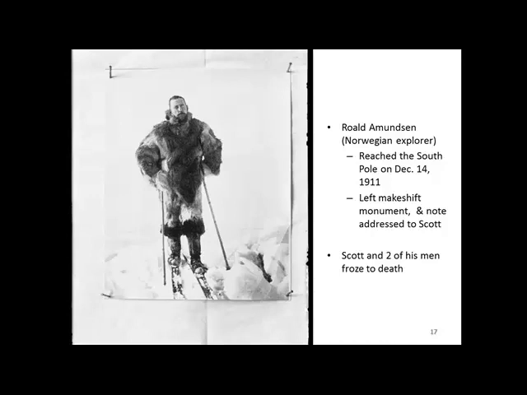Unfortunately, Robert Falcon and his two men actually froze to death on their way back from the South Pole. Kind of a sad story. But it shows how adventurers and explorers were willing to risk their life to be the first person to find the South Pole.